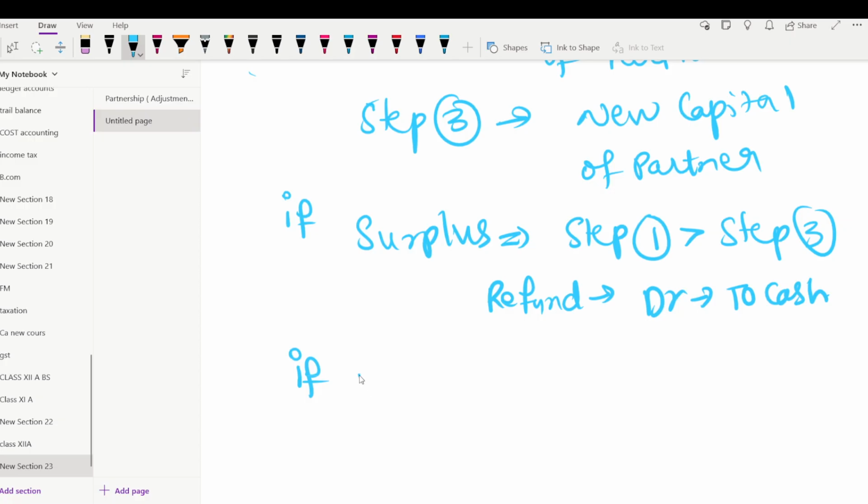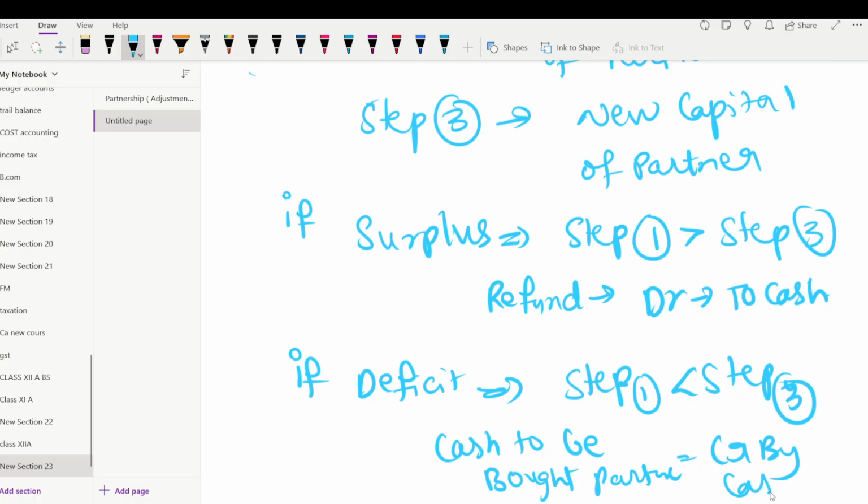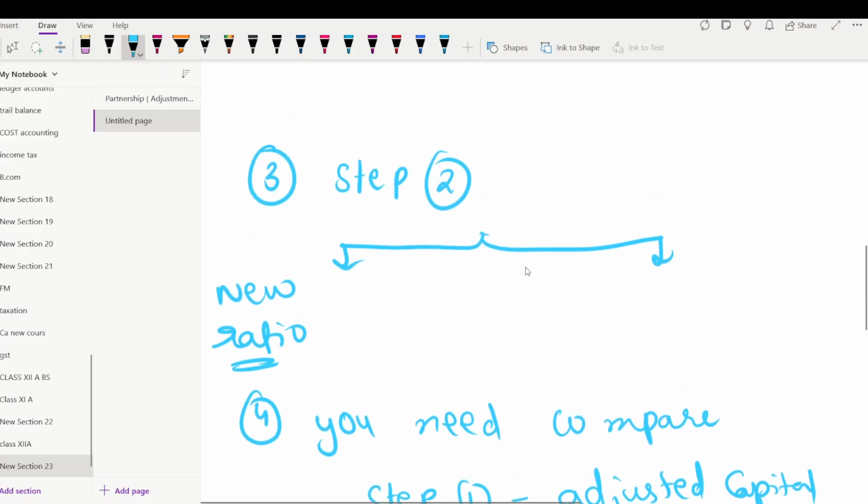If it is deficit, which means step 1 is less than step 3, then write on the credit side, cash to be brought by partner. Then write on the credit side by cash.